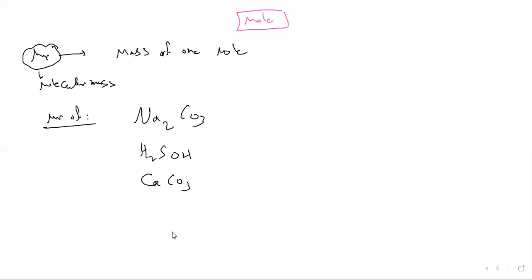We have the mass numbers from the periodic table. We take the mass number of each element. For Na2CO3, Na is 23 in the periodic table, multiplied by 2, which is the number of atoms, plus carbon is 12, plus O is 16, multiplied by 3.